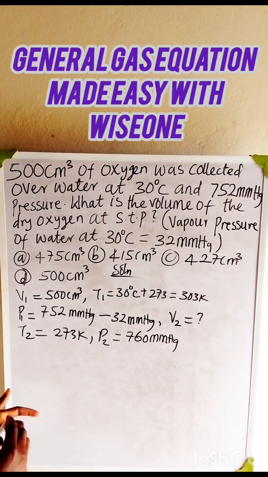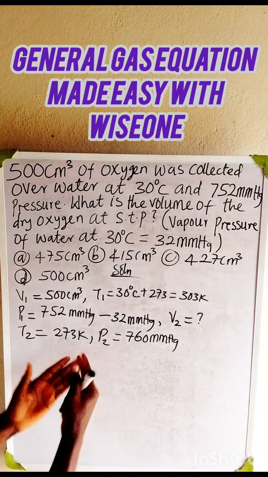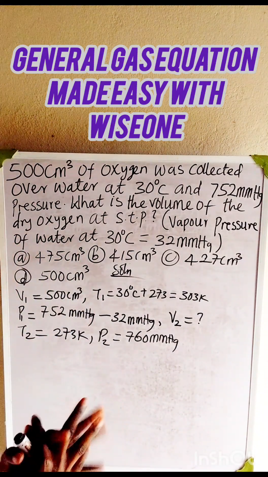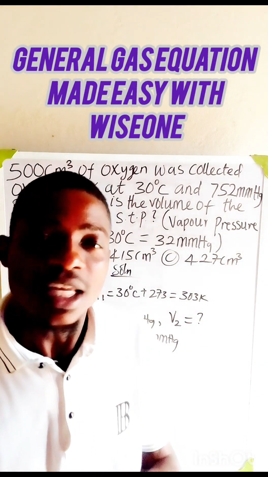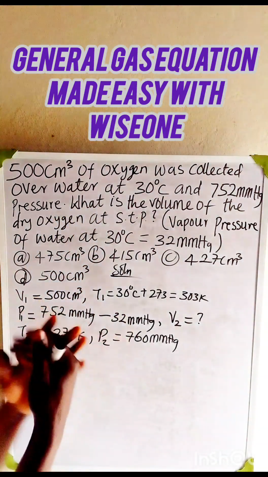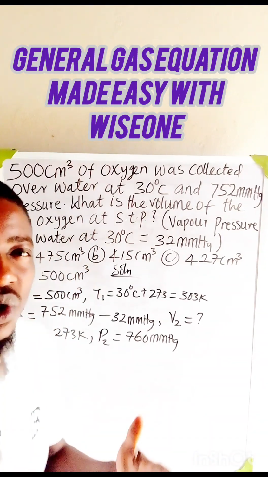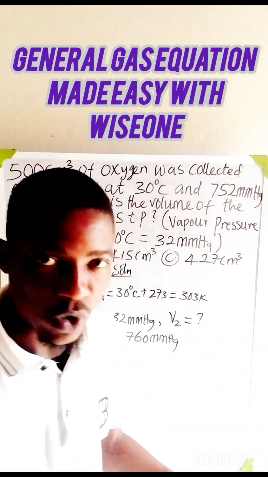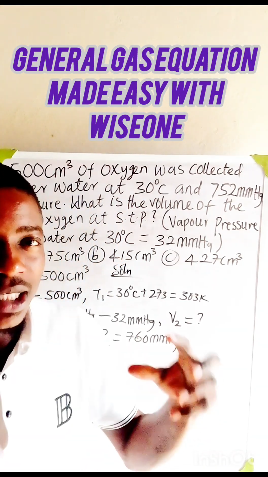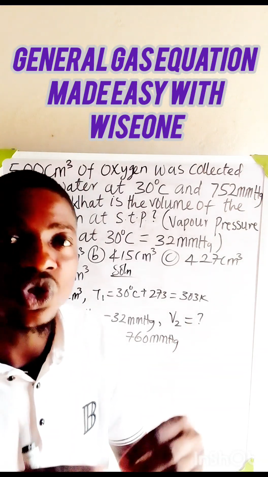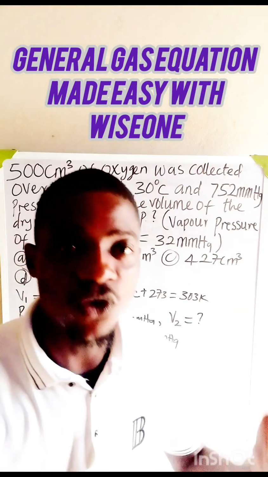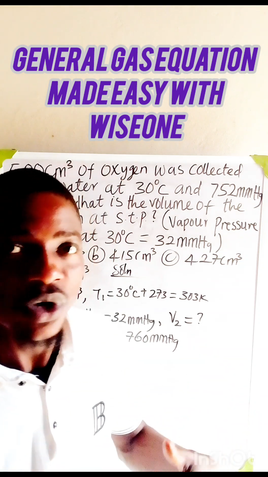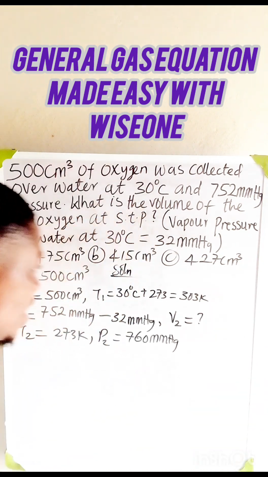Now looking at the parameters given to us, after we have stated them out, there is a relationship in chemistry that talks about the use of this formula, and that relationship is the general gas equation. The general gas equation is a combination of Boyle's law and Charles' law. It states that the product of pressure and volume divided by absolute temperature is constant for a fixed mass of gas.